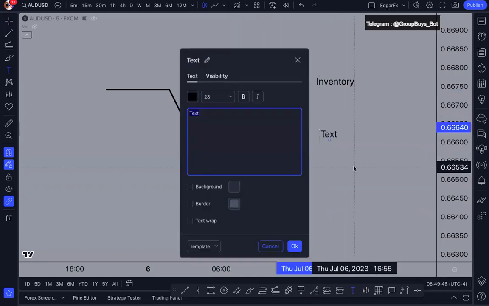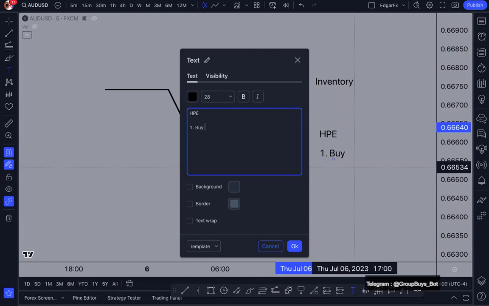So you guys remember what that HPE I taught you was? The other one for a buyer? Buy below the open. So I'm going to put: at, below, or near daily open price.